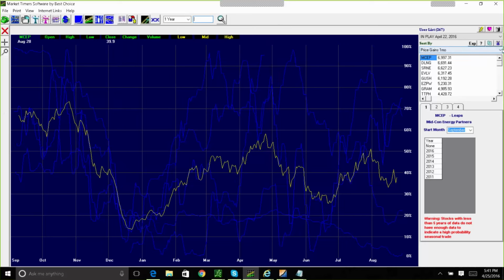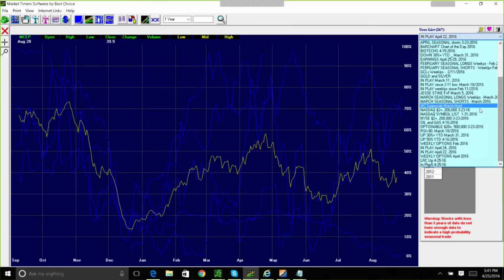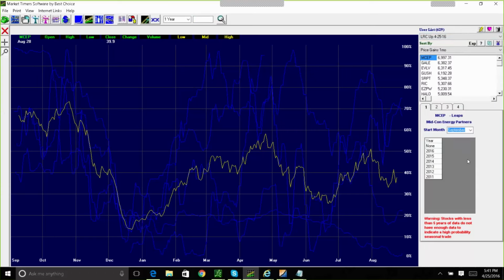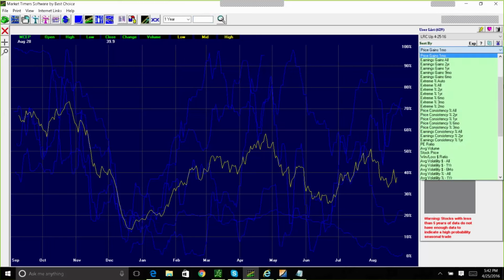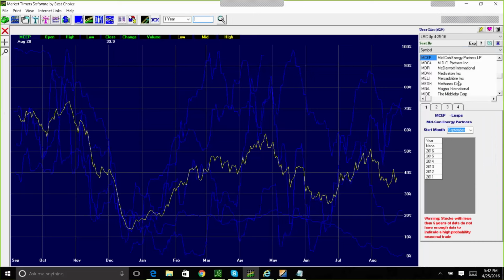So in best choice, I can now come into the linear regression. It should be at the very bottom. LRC up 425. It's got price gains. I think I'll just sort by ticker. It should be at the top. And let's come over here.